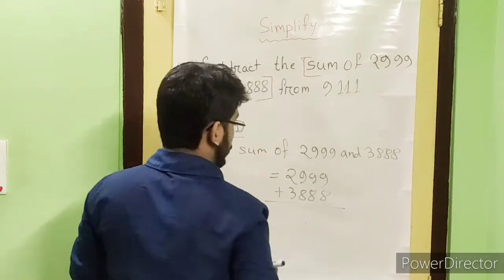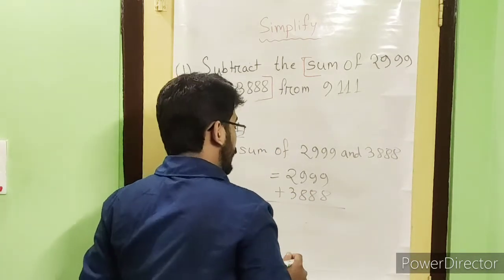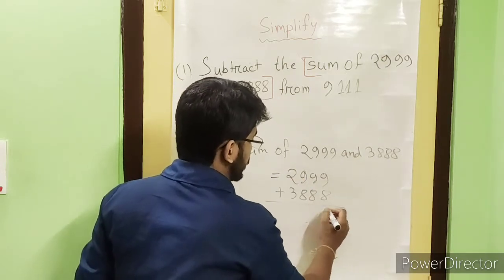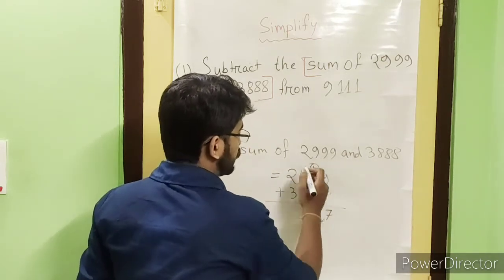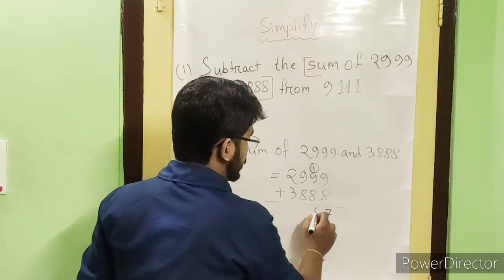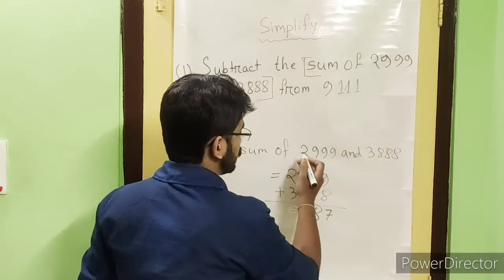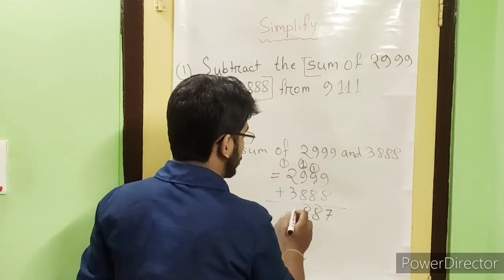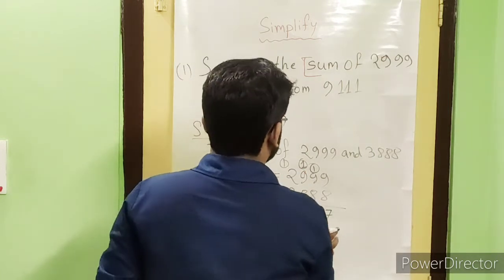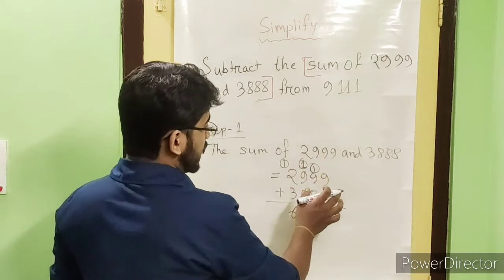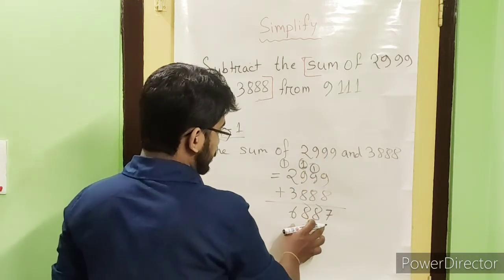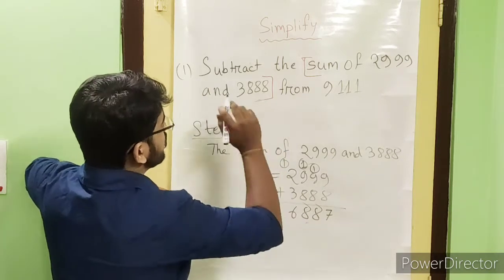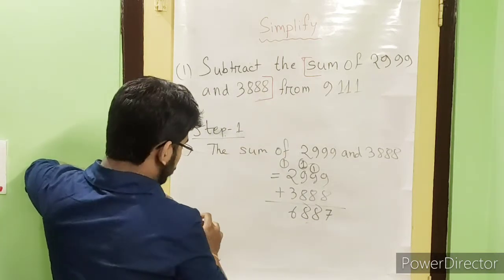Now we need to add. 9 plus 8 equals 17. Carry 1. 9 plus 1 equals 10 plus 8, 18, carry 1. 9 plus 1 equals 10 plus 8, 18, carry 1. 2 plus 1 equals 3, 3 plus 3 is 6. So the sum of 2,999 and 3,888 is 6,887.